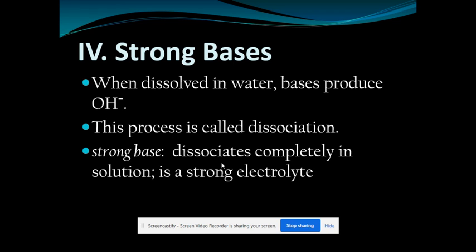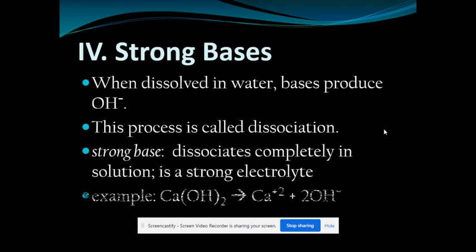A strong base, just like a strong acid, is going to dissociate completely, almost 100%, 99.99% in solution. So a strong base makes a ton of hydroxide ions, okay? And will also be a strong electrolyte because there'll be lots of charges. An example here is calcium hydroxide, okay?